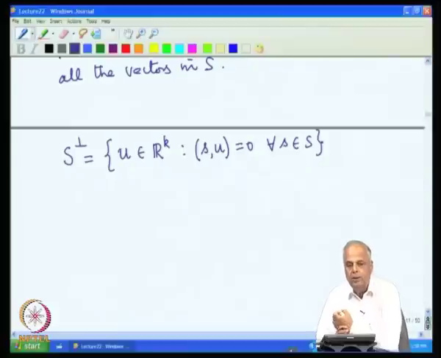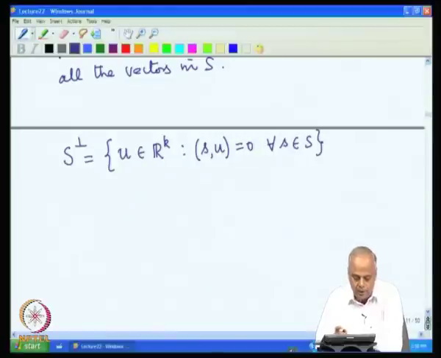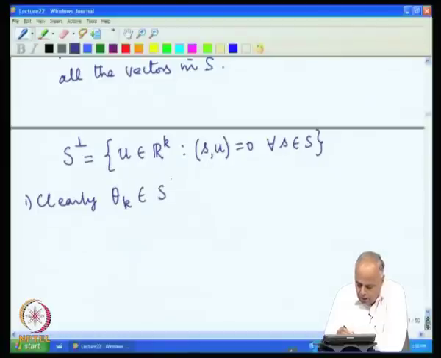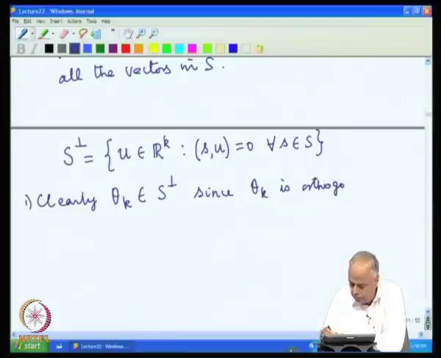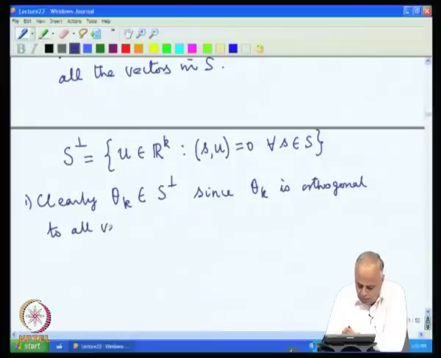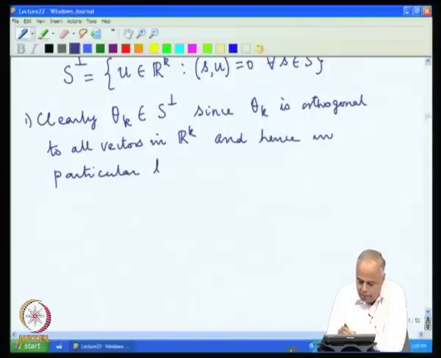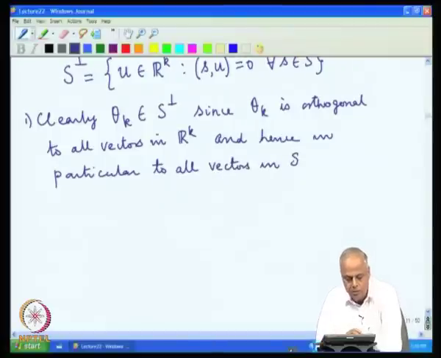We know that the 0 vector is perpendicular to all the vectors in R^k, and hence in particular the 0 vector is perpendicular to all the vectors in S. So, clearly theta_k belongs to S perp, since theta_k is orthogonal to all vectors in R^k, and hence in particular to all vectors in S. So, the 0 vector belongs to S perp.